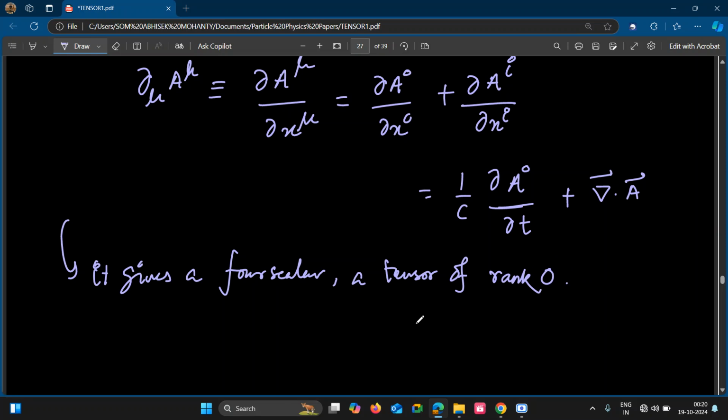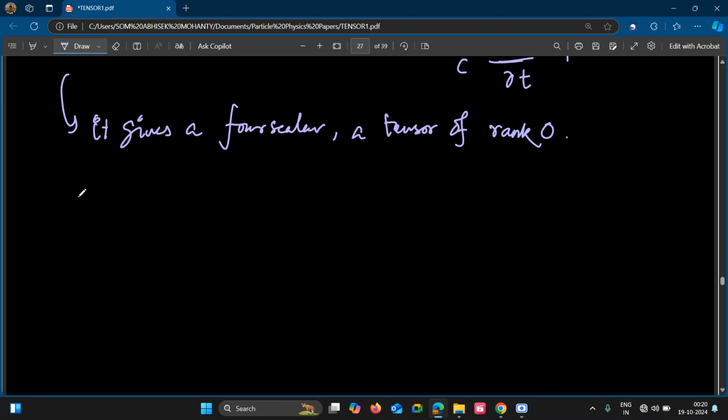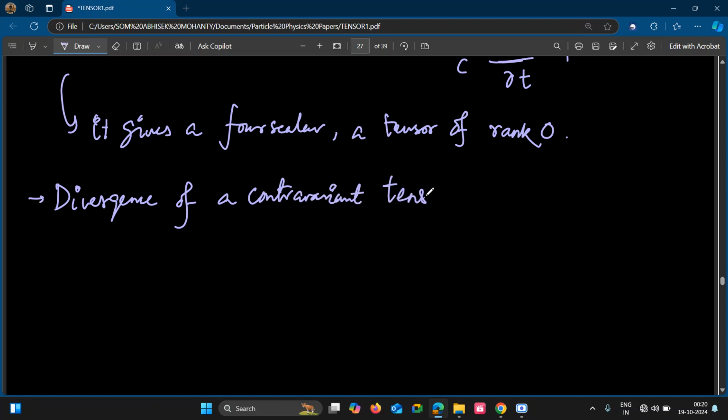Suppose the divergence of a contravariant tensor. Suppose T^μν is a contravariant tensor of rank 2.